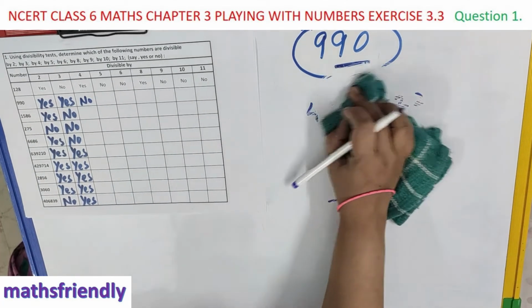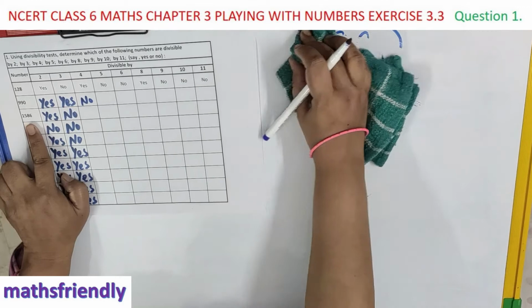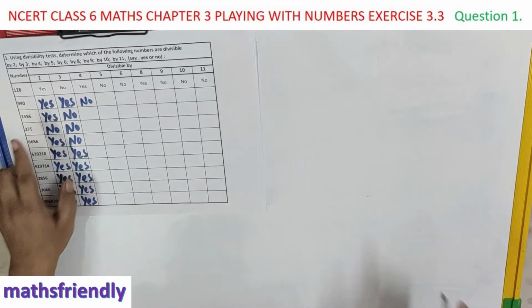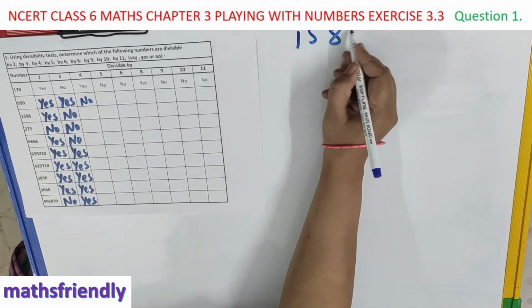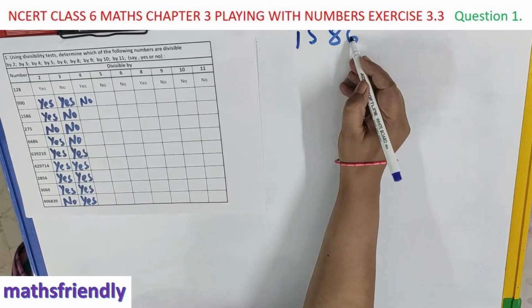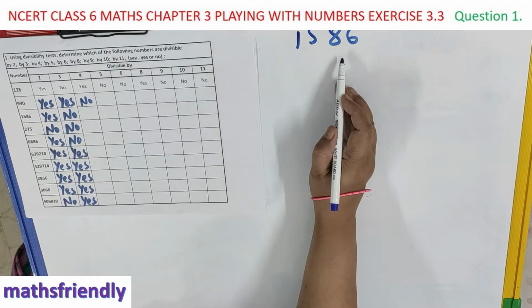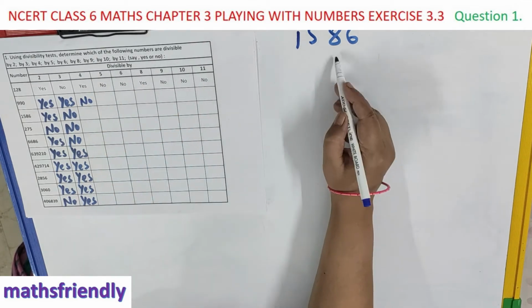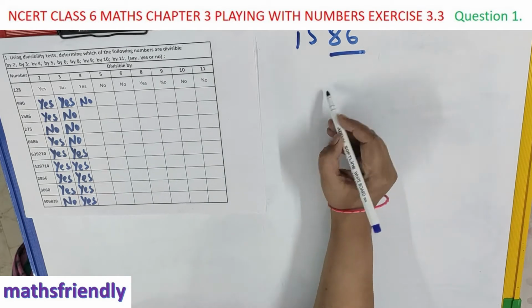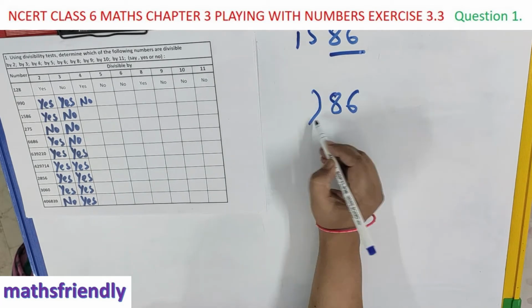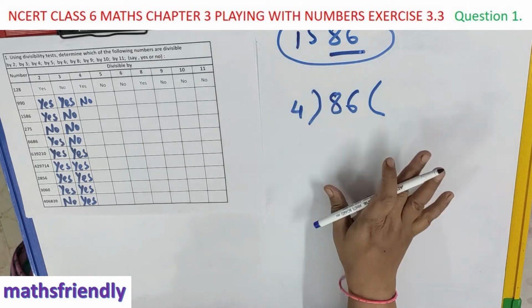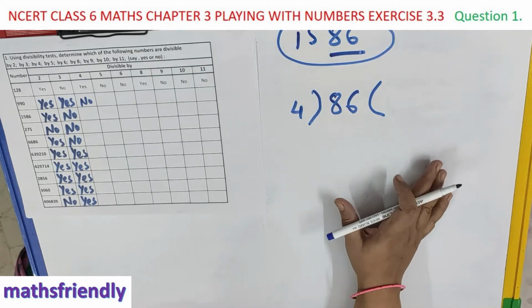Okay. Now what is the next number? The next number is 1586. We have to check the divisibility with 4, whether this number is divisible by 4 or not. So we will check the number formed by the last 2 digits. If this number is divisible by 4, then the complete number is also divisible by 4.